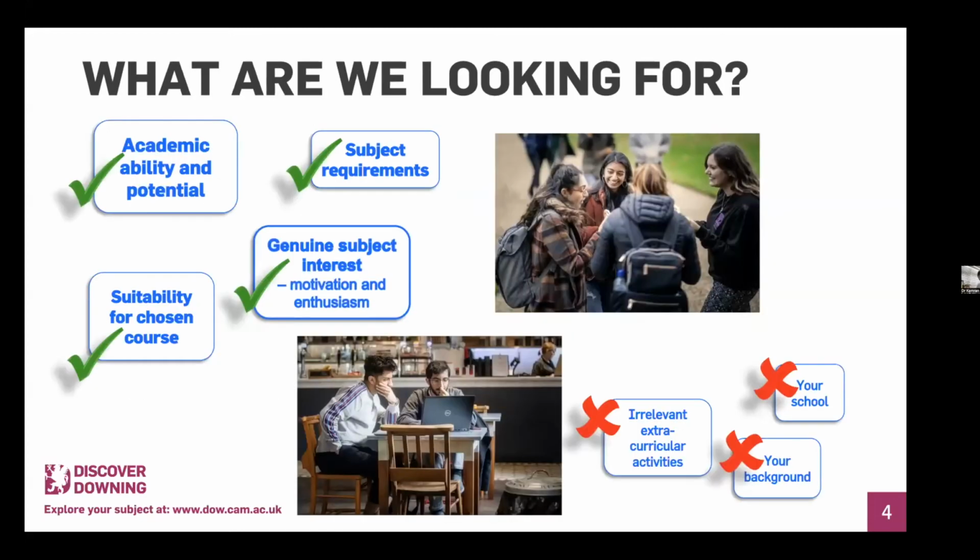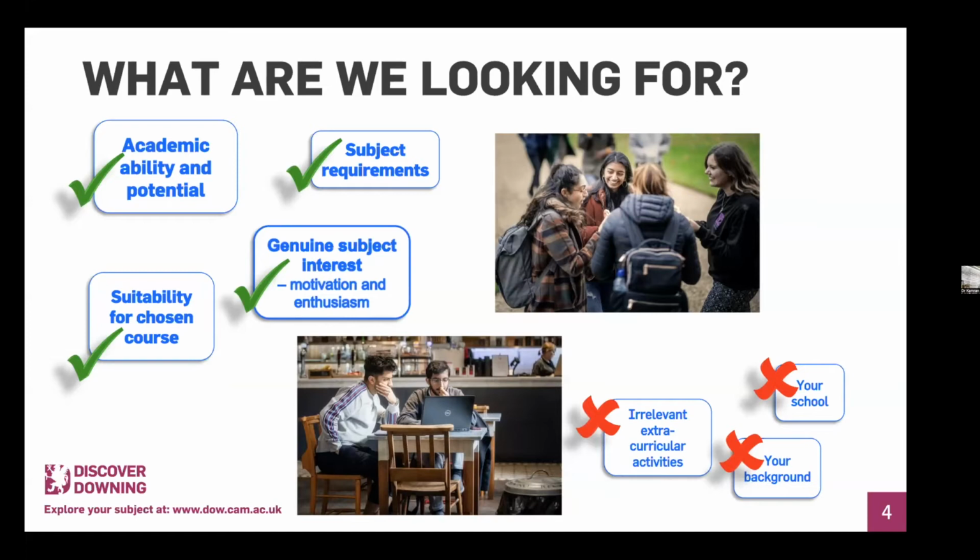The other question that you might be thinking about is, what are we looking for when we're reviewing applications? And I've got to be very blunt and straight about this. We are looking for academic ability and potential. We want to make sure that the applicants we shortlist for an offer are those which are going to be very, very good academically.